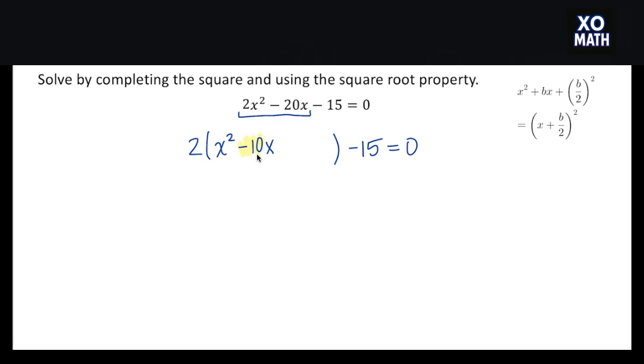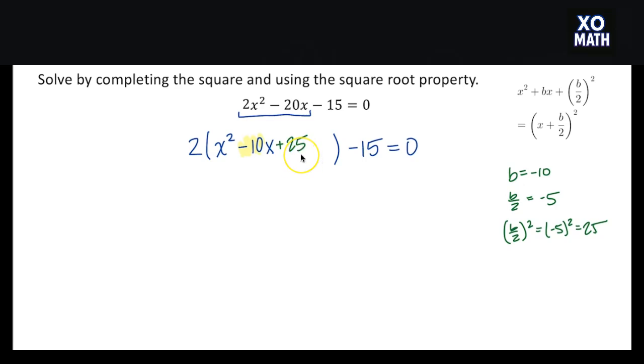If I take b as negative 10 and divide by 2, that's negative 5, and if I square that, negative 5 squared is 25. So that's the number that I'm going to need to add. Right here inside this set of parentheses, I'm going to add 25.